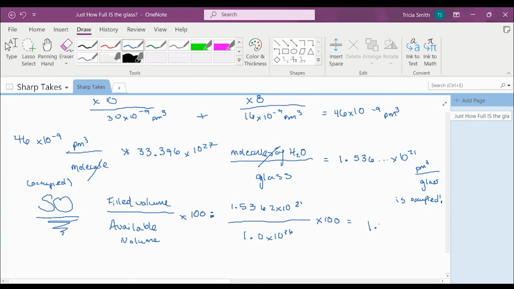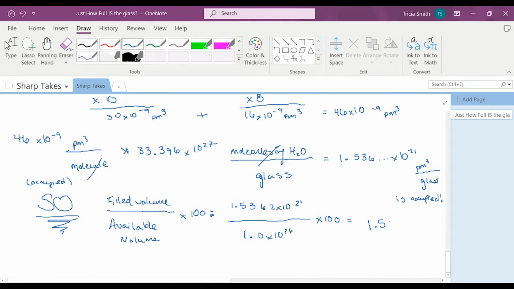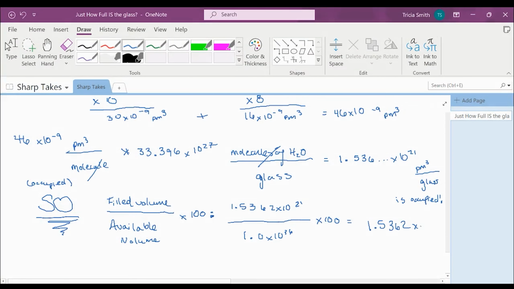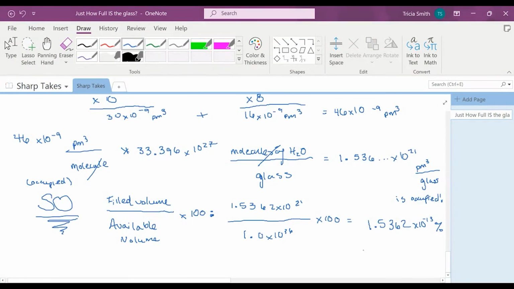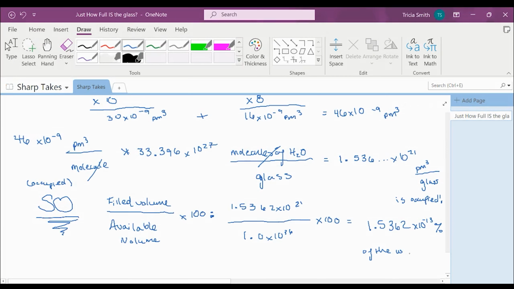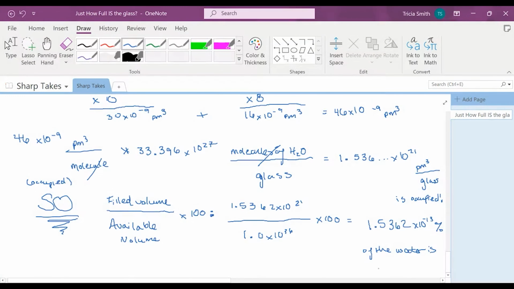All this equals 1.5362 times 10 to the negative 13% of the water is occupied.